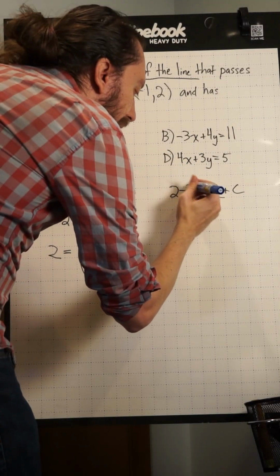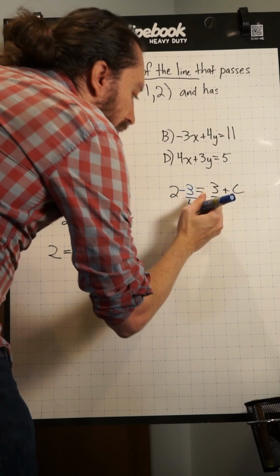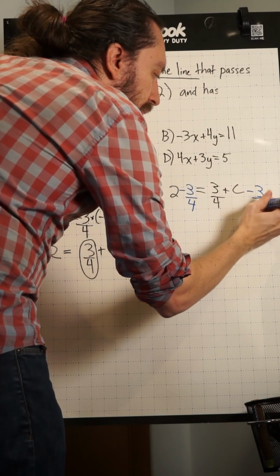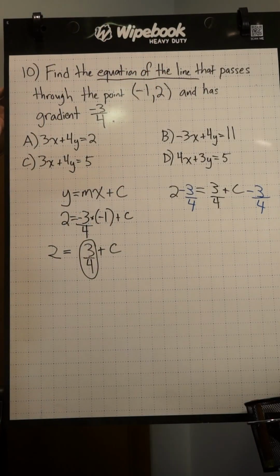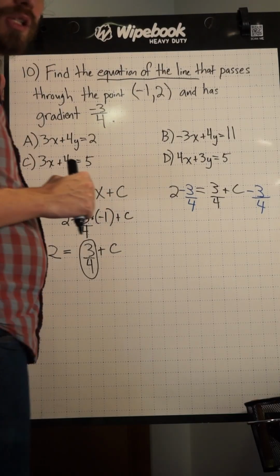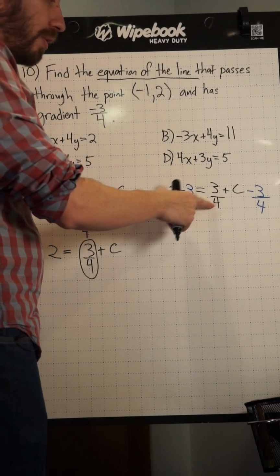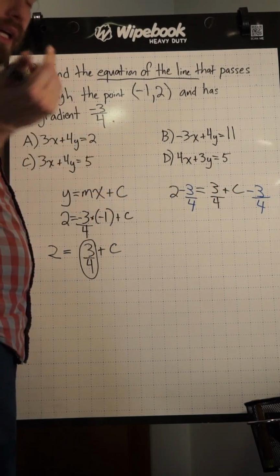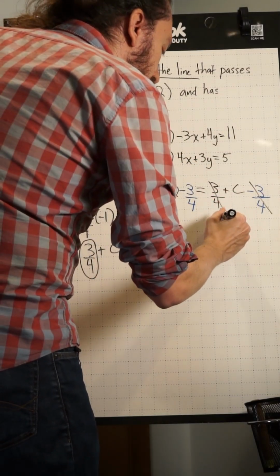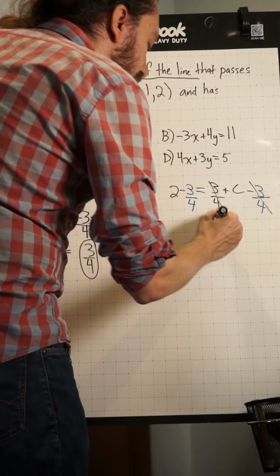So we're going to say minus 3/4 on the left side, and minus 3/4 on the right side. Okay. So the right side is simple, right? These ones should cancel. That's why we would transpose it this way. 3/4 minus 3/4, they cancel, they would give us 0, right? So on the right side, we're just going to have c.